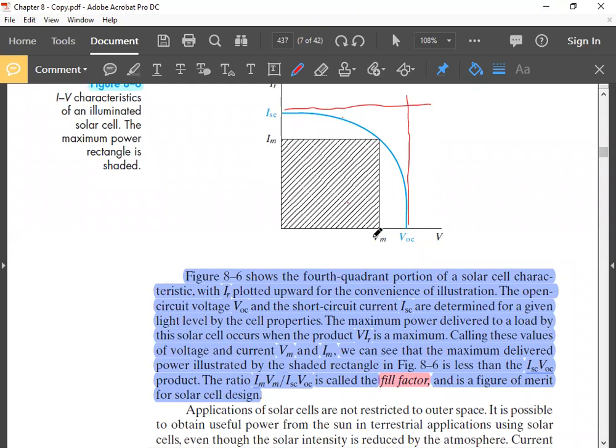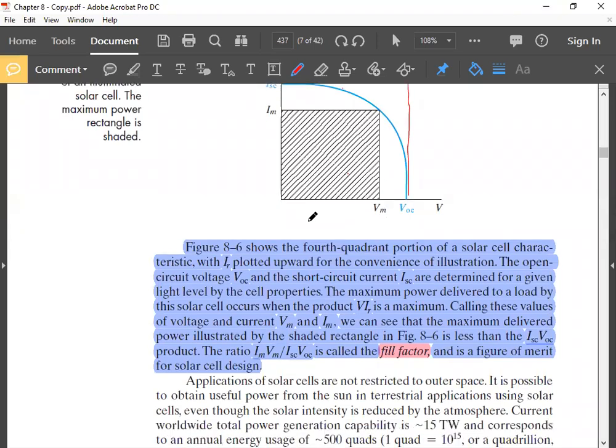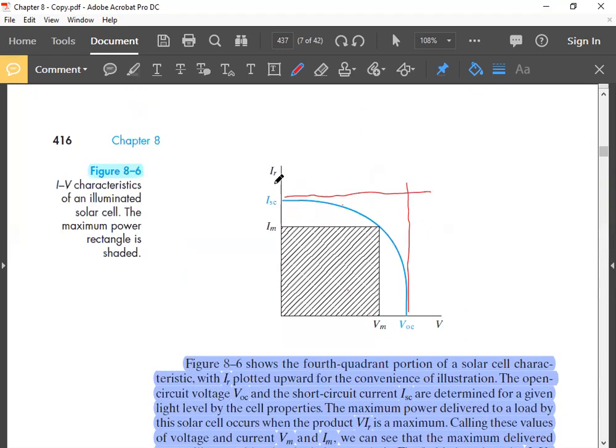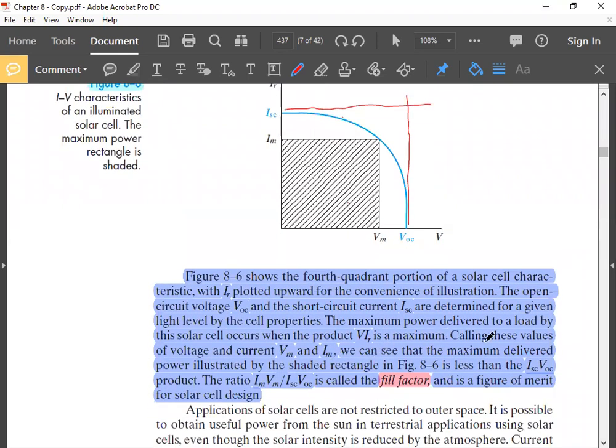Remember, Vm is not the maximum voltage, Im is not the maximum current, but Vm and Im correspond to maximum power. Their product is maximum for this point. So that's what is mentioned. The maximum power delivered to a load by this solar cell occurs when the product V into IR is maximum.